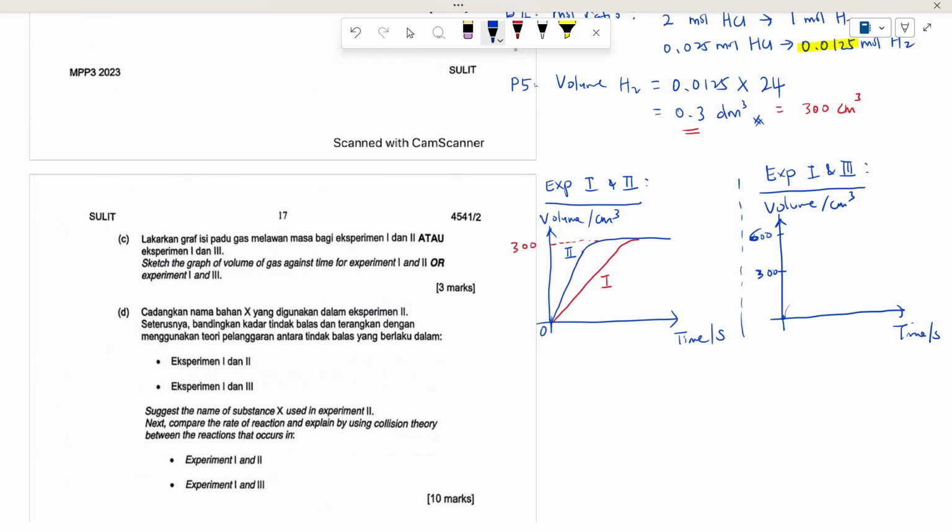So set 3 has a higher rate and also higher volume. Then set 1 has a lower rate and a lower volume of gas.